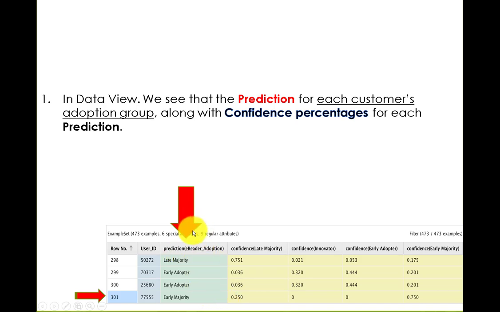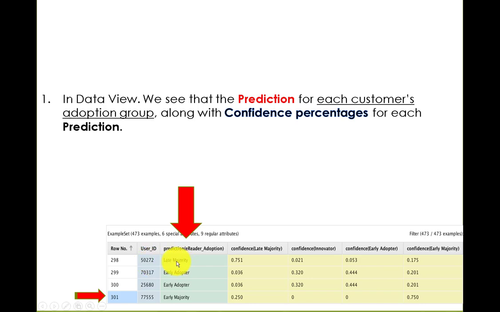For those customers, the model decided that, for example, this specific customer is late majority, and the beauty of the decision tree is that it tells you how confident it is in each of those different categories. The model is saying I picked this customer to be late majority based on the decision tree, and I am 75% confident that that should be the category of that customer.